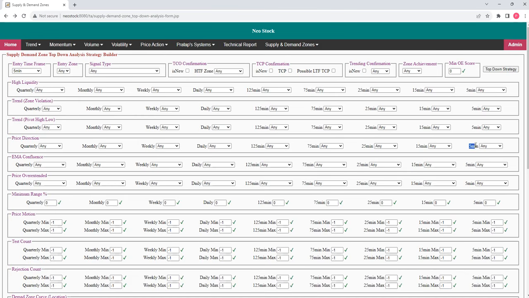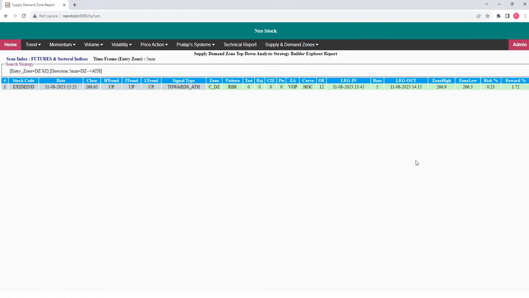So here for 5 minutes time frame, I am selecting demand zone to ATH, all-time high. So let me click on the button, top-down strategy. Now out of 201 stocks, finally it listed only one stock. So this is the stock moving to the all-time high.